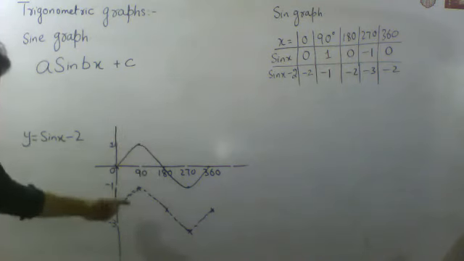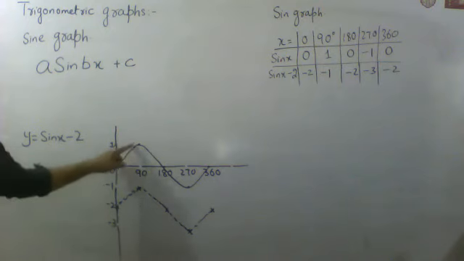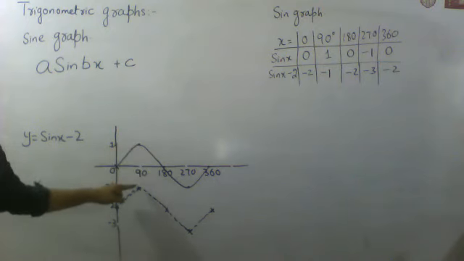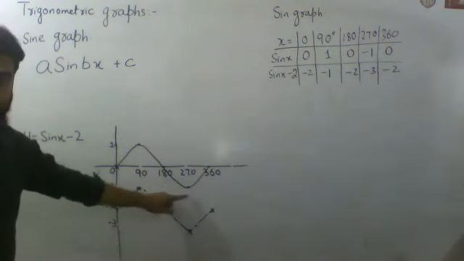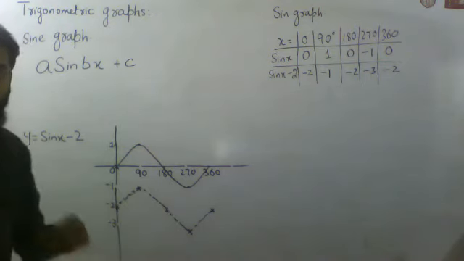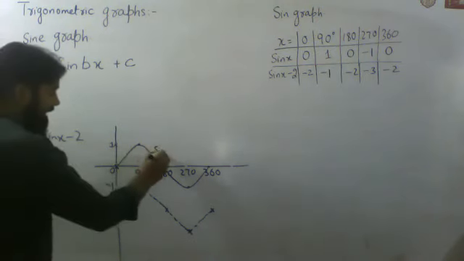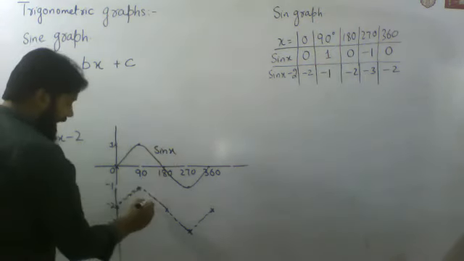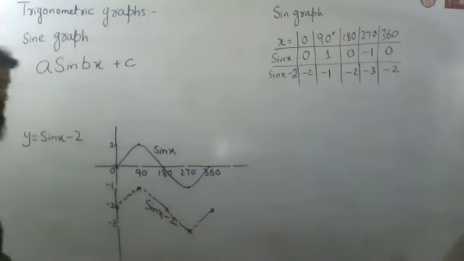So now every point which was on 0 is on -2, the point which was on 1 is on -1, and the point which was on -1 is on -3. So basically, this is my final graph. This is the graph of sine x, and this is the graph of sine x minus 2.